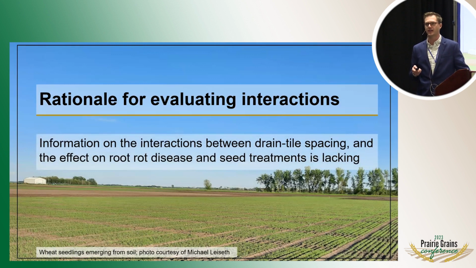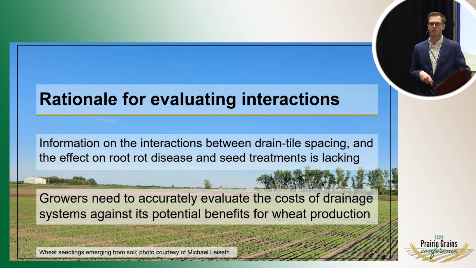We don't really have that information, right? So growers really need to accurately evaluate the cost of drainage. So for growers to accurately evaluate the cost of drainage systems and its potential benefits for wheat production, we need to get an understanding of what, if you do drainage, is going to happen to our seed treatments, what's going to happen to these root rot diseases.